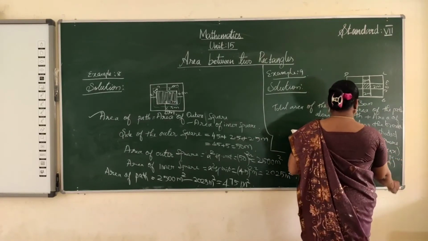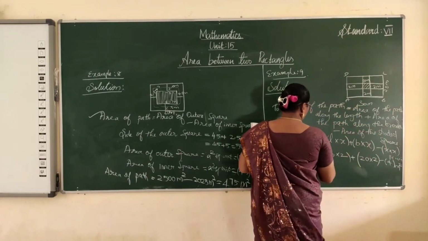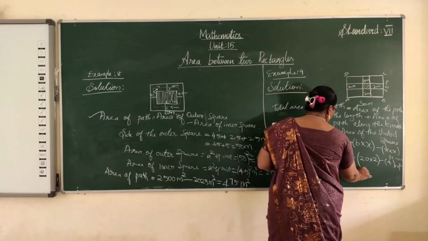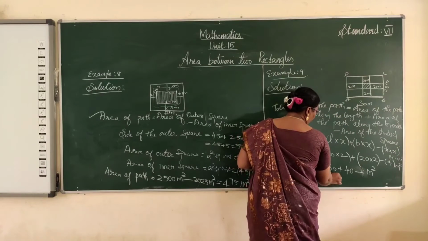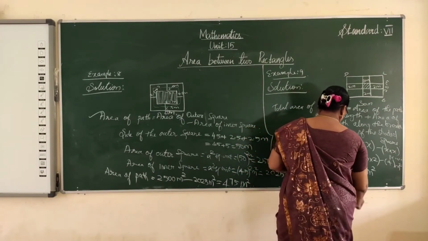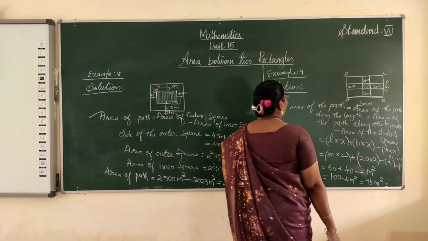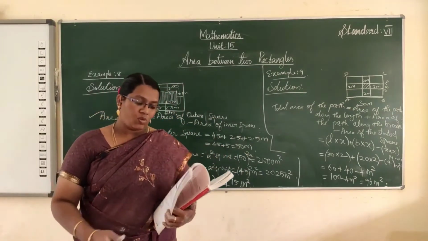Which unit is given? Meter. So meter square. So 60 plus 40 minus 4 meter square. So 100 minus 4 meter square. So answer is 96 meters square. Thus the area of the path is equal to 96 meters square.